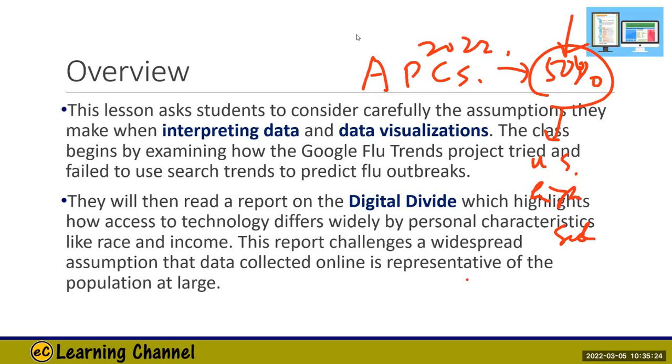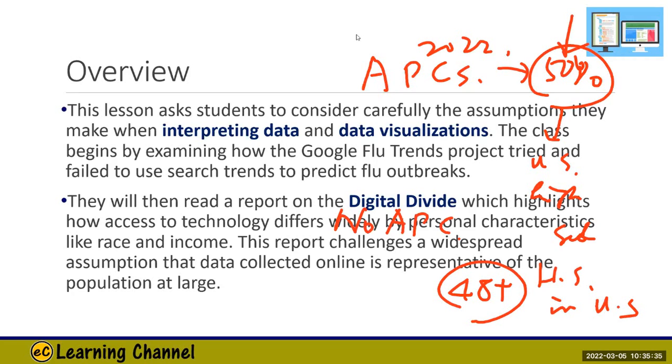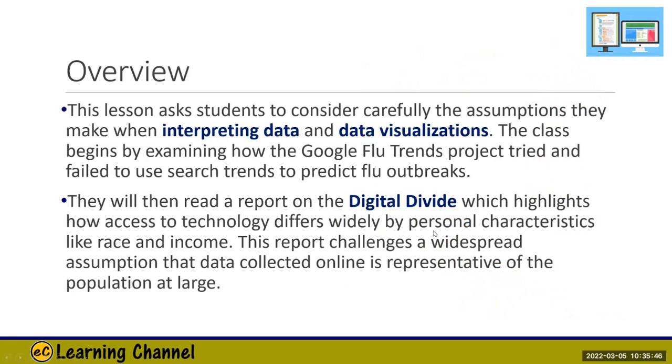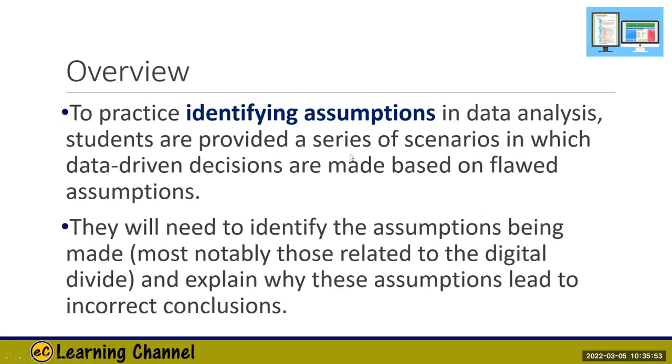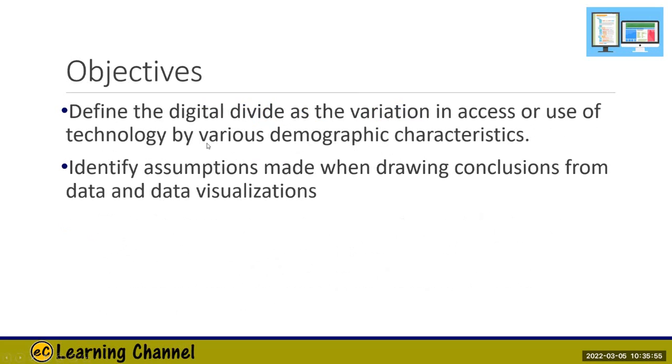That means that still maybe 48% of the high schools in the U.S. have no AP CS at all. Still half of the schools in the U.S. do not have computer education. So digital divide is a very big issue right now. Okay, so that's that.